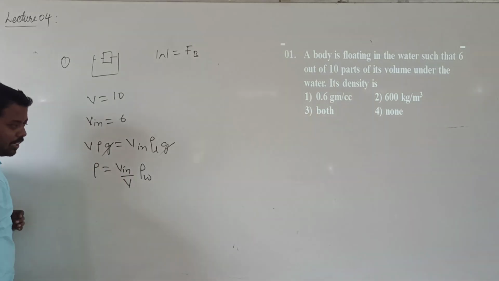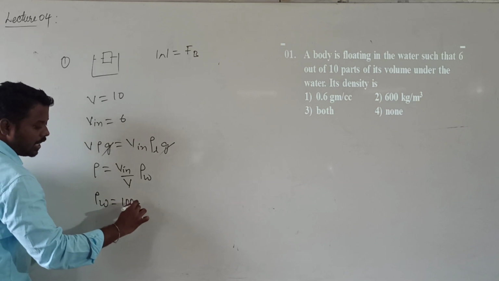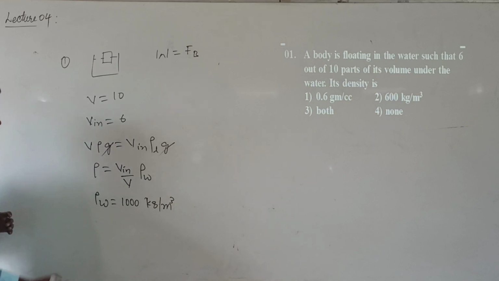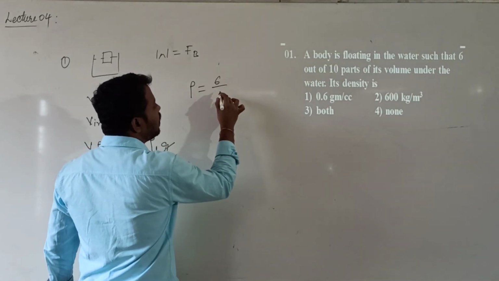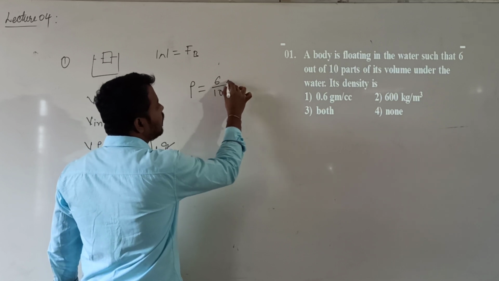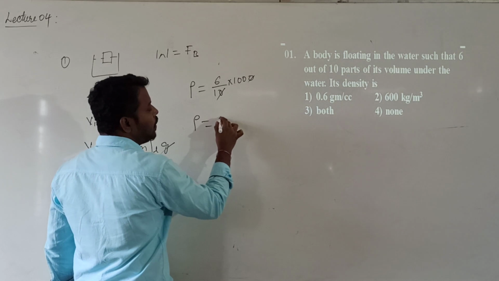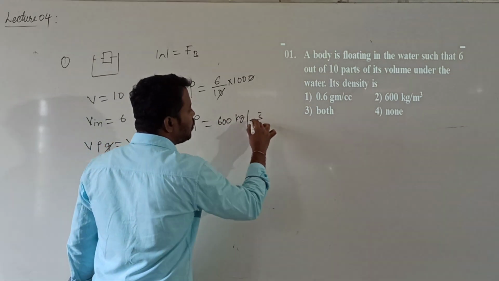So the density of water in SI system is 1000 kilogram per meter cube. Correct? Then what do I get? V in is 6 and V is 10, into 1000. 0 0 cancel. So rho value is 600 kilogram per meter cube.